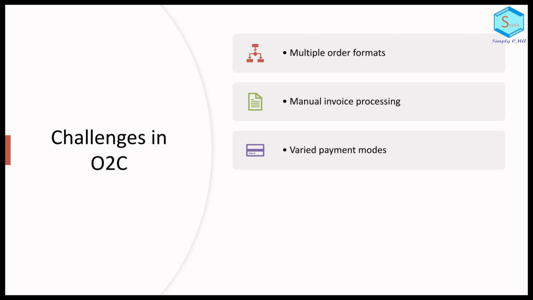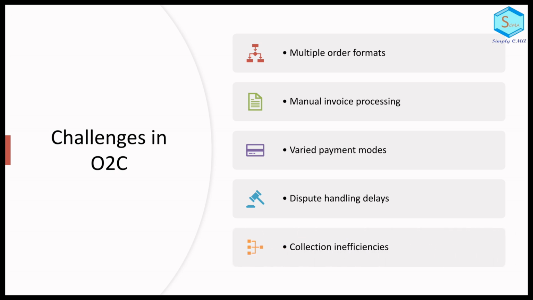It may be paid by checks, maybe ACH, maybe credit cards, many of the modes. Next, disputes take time to resolve due to document verification and manual checks. Next, collection teams lack real time data, so high risk customers may be missed.